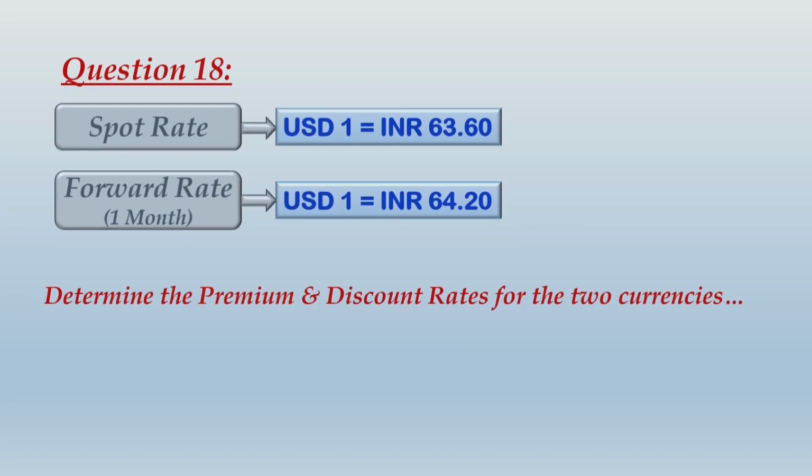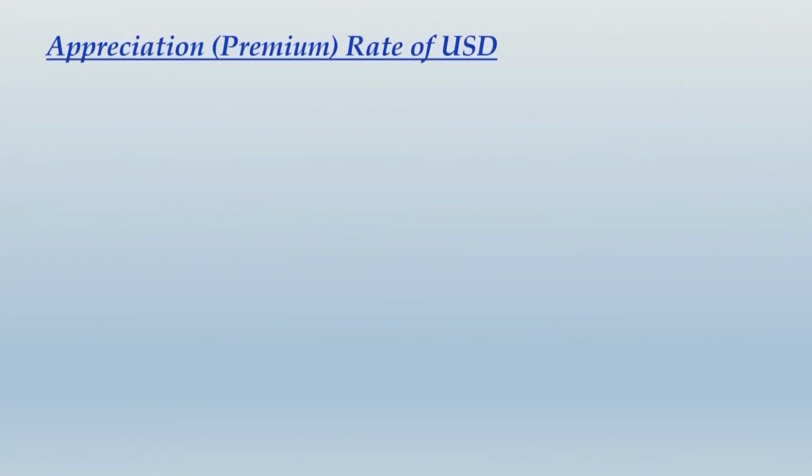So friends, let us see how to present the solution. Premium rate for USD will be simply the difference between forward and spot. This time we have not simply multiplied by 100, we have also taken the factor of 12 by 1, because this time the forward contract was for 1 month. So it was 12 divided by the number of months, so 12 by 1.